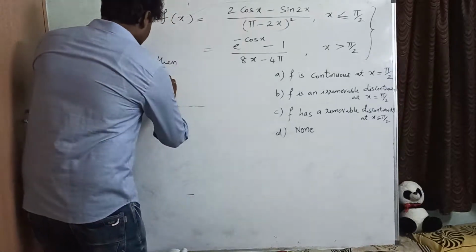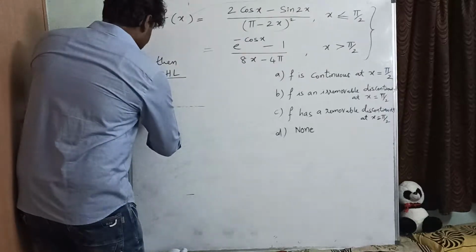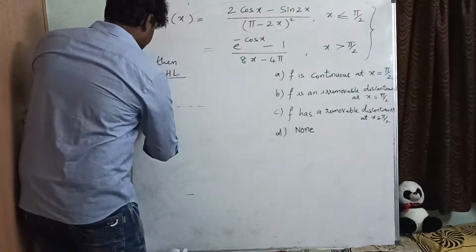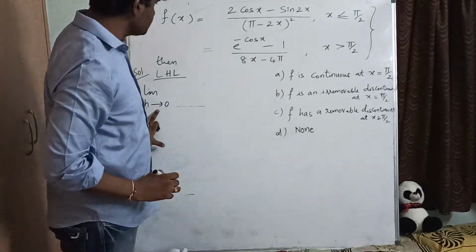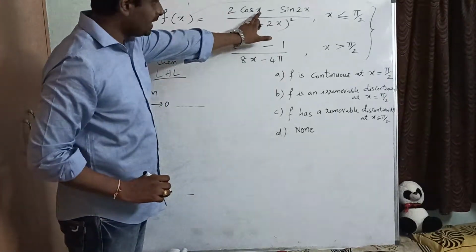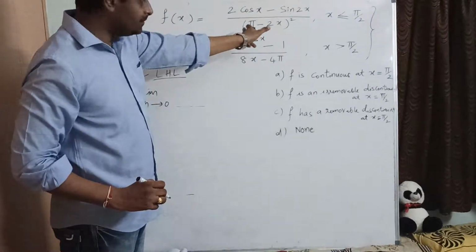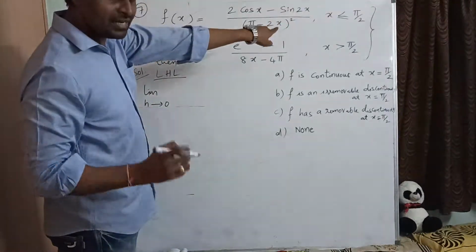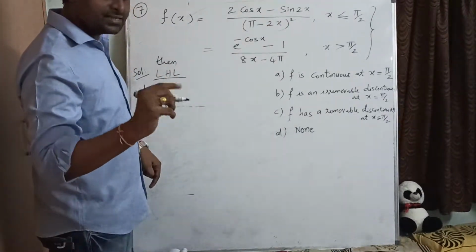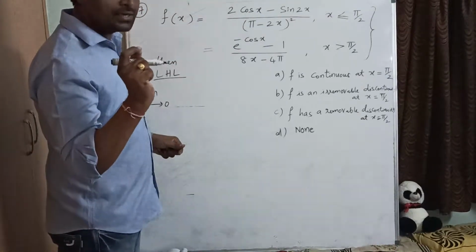So here I am going to find LHL first. Limit h tends to 0. Whenever I write h tends to 0, in place of x I can write pi by 2 minus h. Below pi by 2 means LHL, above pi by 2 means RHL. So below pi by 2 means pi by 2 minus h I can substitute in place of x, where h is some small quantity.